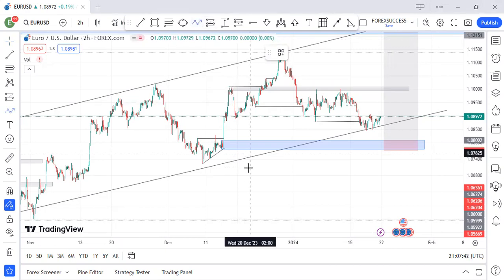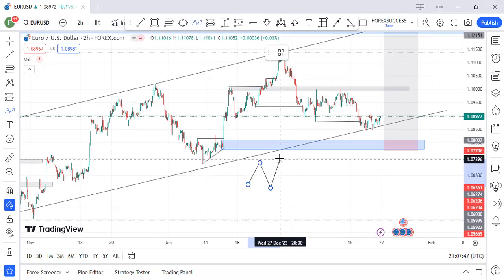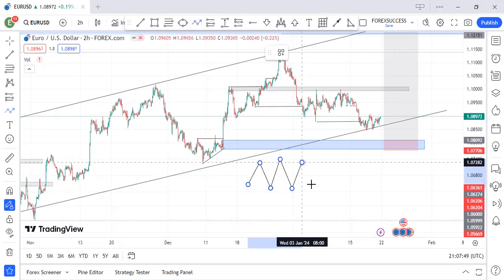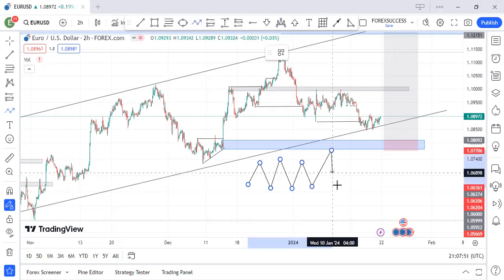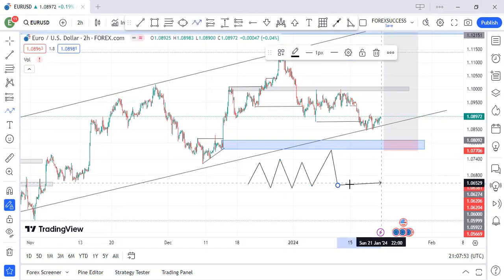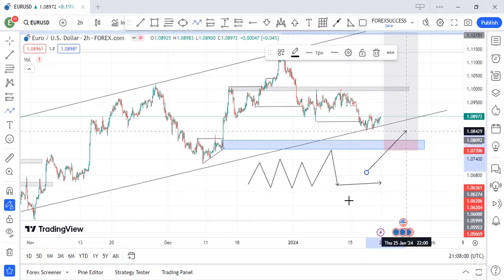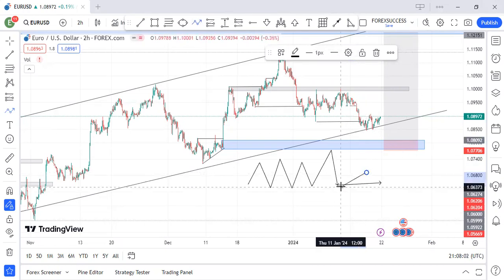When you talk about the ranging market, you would have something like this: the market moving up, down, down. It's not giving you any specific direction, maybe a bullish direction or a bearish direction. The market just keeps moving up and down.